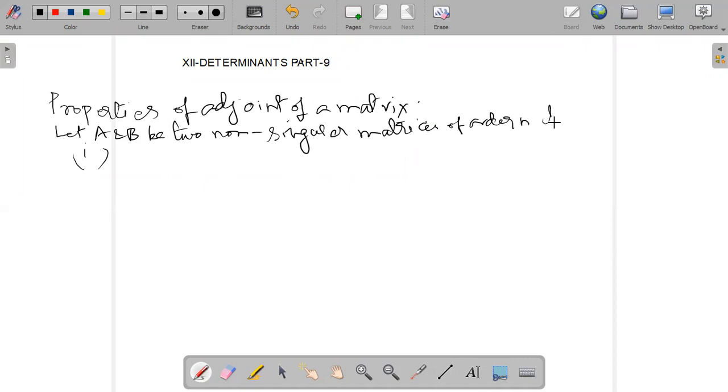Same order. Then adjoint of A transpose.